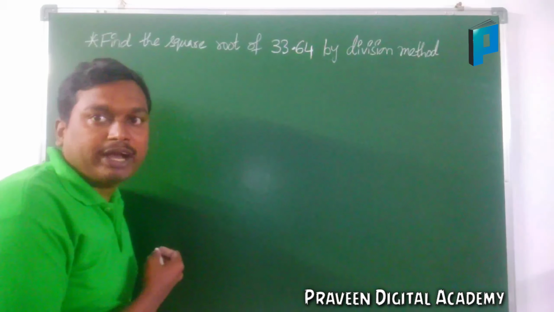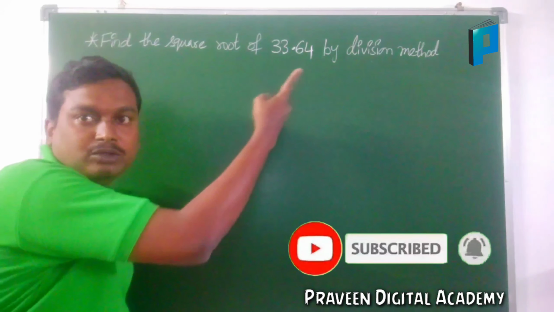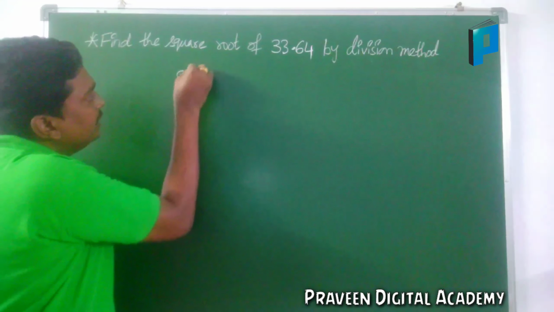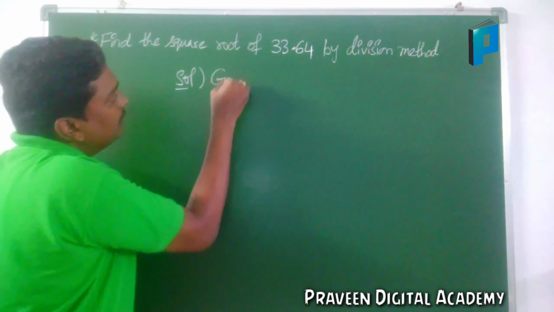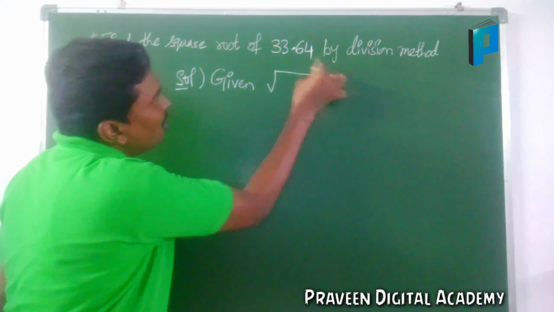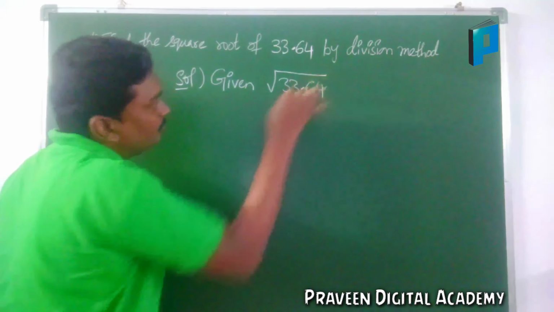Here we have to find out the square root of 33.64 by using division method. The solution for this question is given. Square root of 33.64.